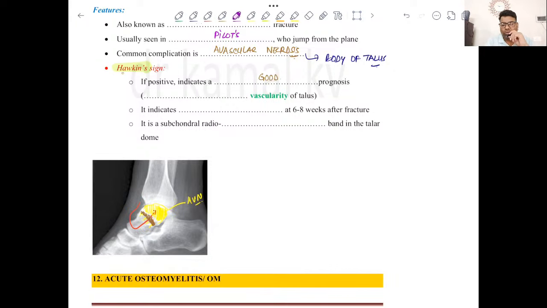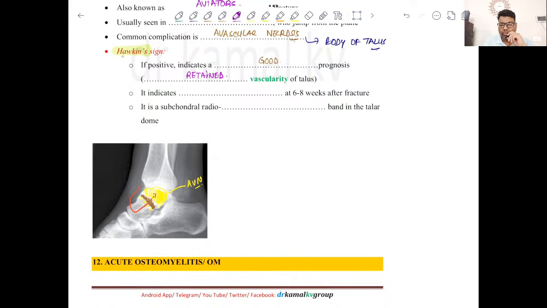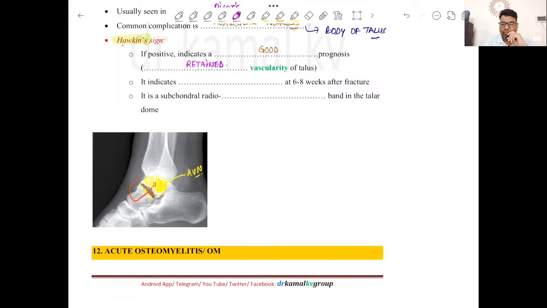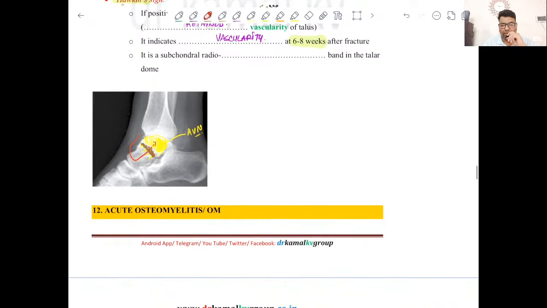And when we say good prognosis, it means that the blood supply to the body of talus is maintained, that is, retained vascularity of the body of talus. So it shows that there is no AVN in the body of talus, and this is noticed around 2 months after fracture.